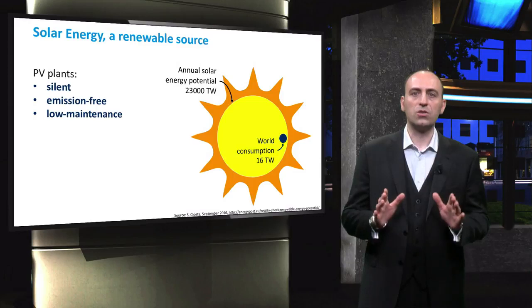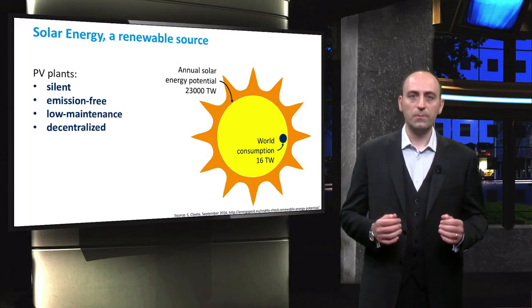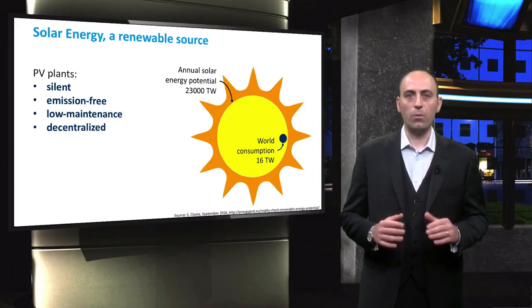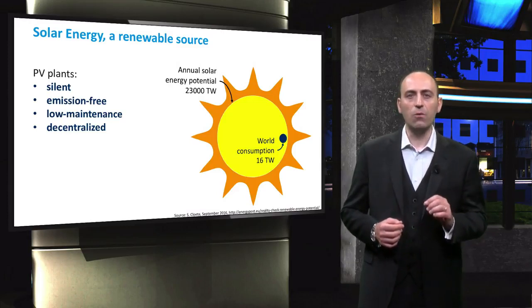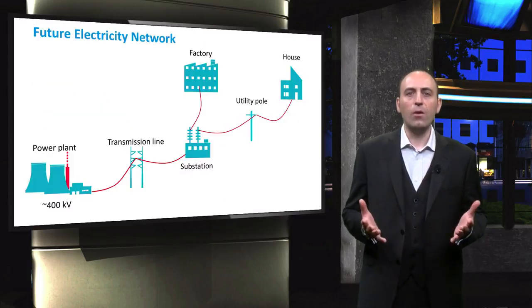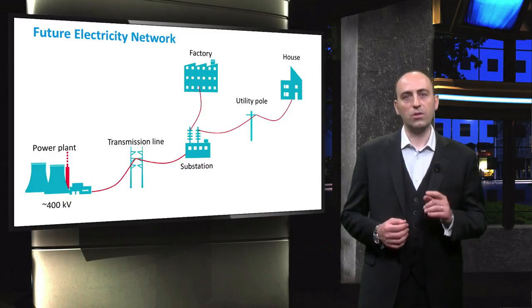More importantly, solar energy is generated decentralized. That is, it can be used and generated in the same place. So when we think about new ways how to look at the power distribution system, solar energy plays a key role in the energy mix. But how exactly are renewable energies integrated in the classical electricity network that we saw earlier?